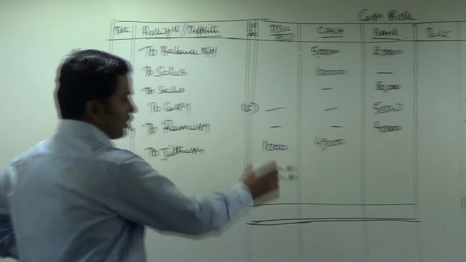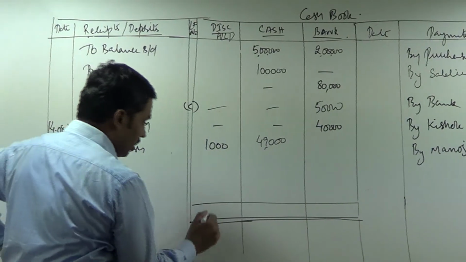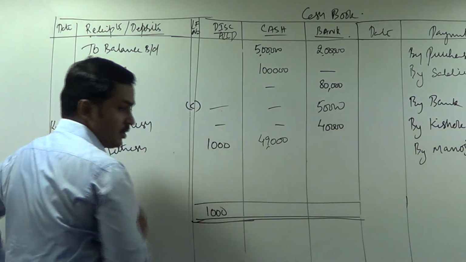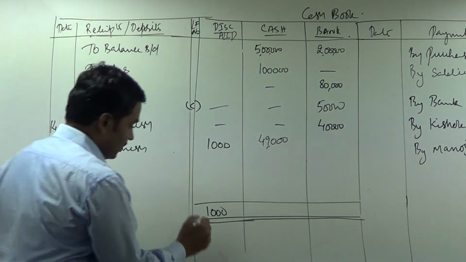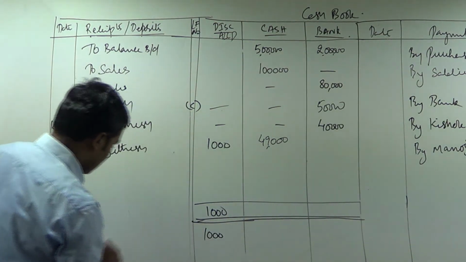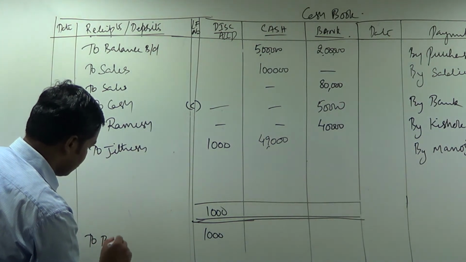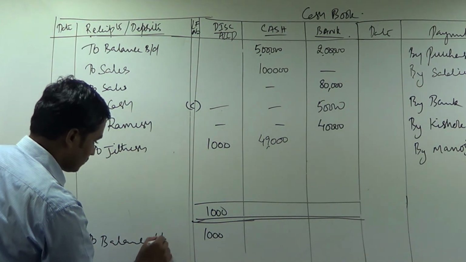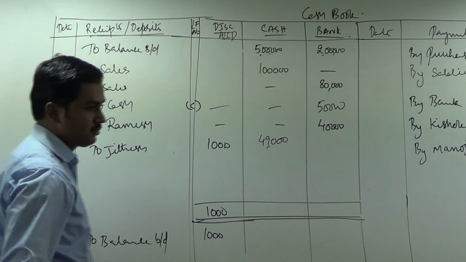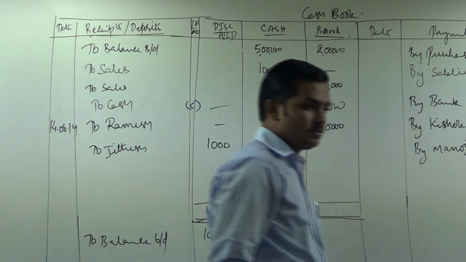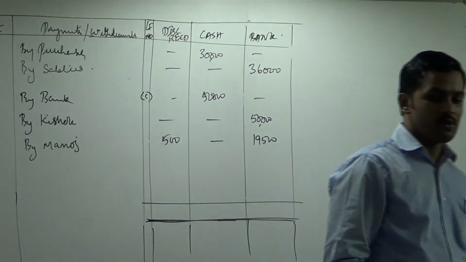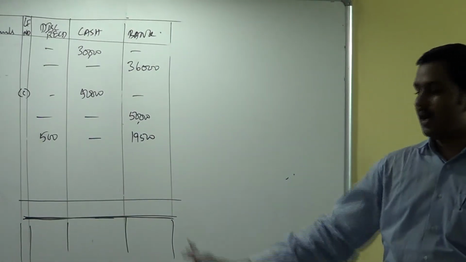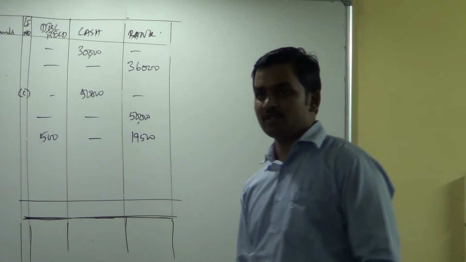You should first total the discount allowed column, 1000. You are not going to subtract the discount received from here. To balance brought down in the next period. So on 1st September we will write to balance brought down 1000 rupees.